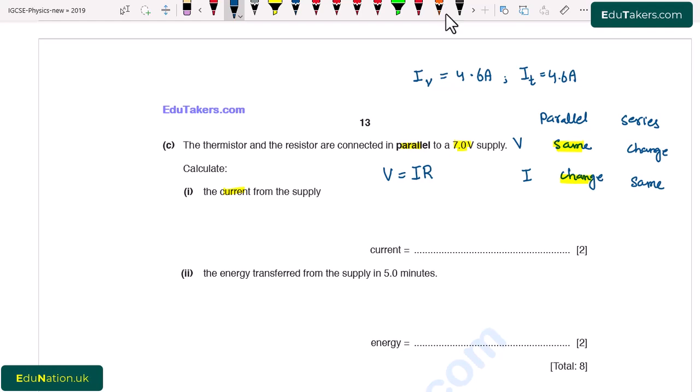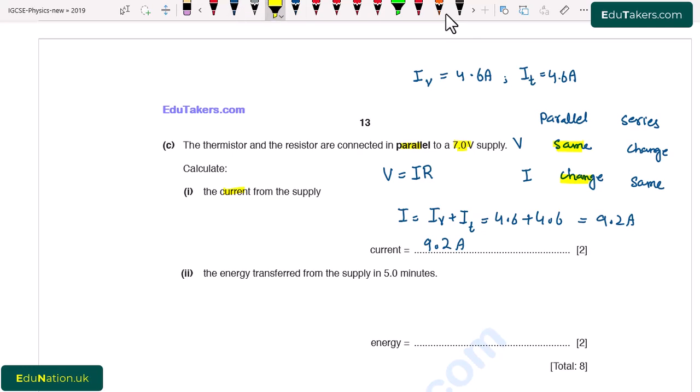I write here the total current I will be equal to IR plus IT. It will be 4.6 plus 4.6 and its value is 9.2 amperes. So the total current from the supply will be 9.2 ampere.